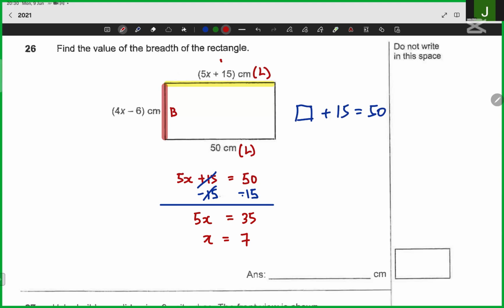But don't just get 7 and then happily write down the answer. They want the breadth. The breadth is 4x minus 6. 4x means 4 times 7. So 4x minus 6 means 4 times 7 minus 6. So it's 28 minus 6. So 22 cm.